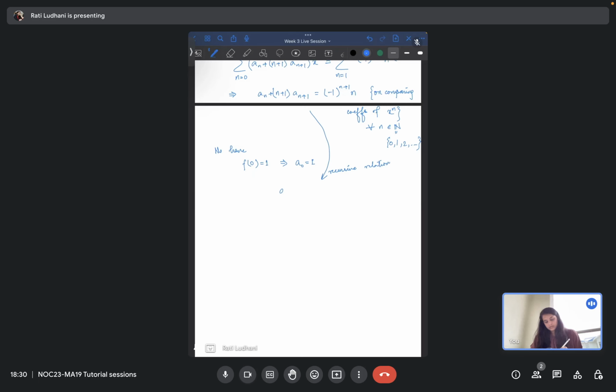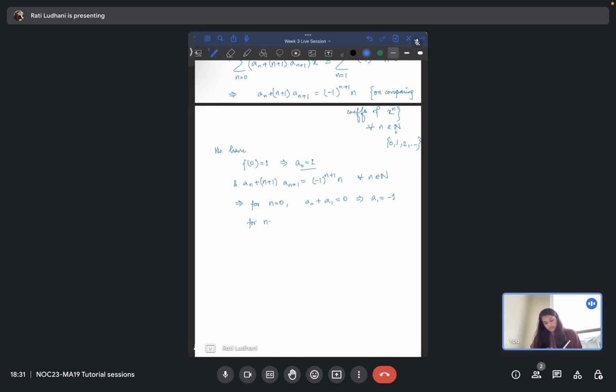For n = 0, we get a0 + a1 = (-1)^1, so that is just -1. This implies a1 = -1 since a0 is 1.